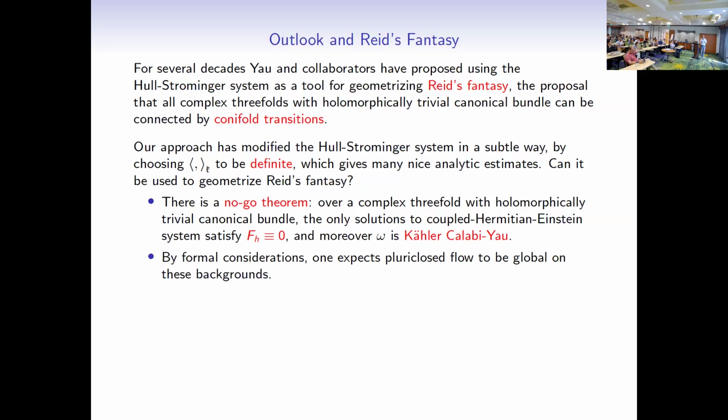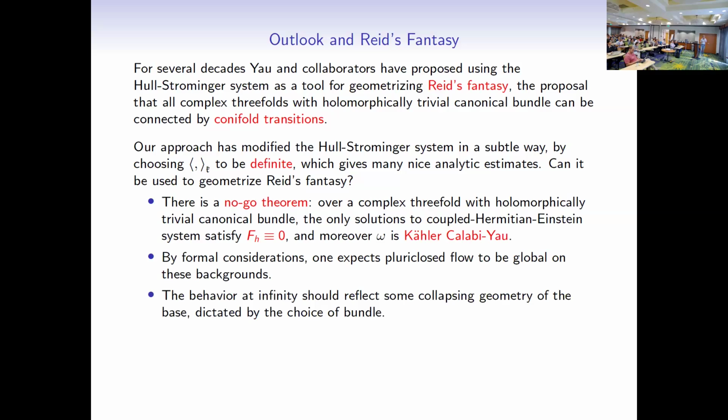By some formal considerations, you expect that this flow I defined should be global if the canonical bundle is trivial. So the behavior at infinity should reflect some maybe collapsing geometry of the base, which should be dictated by the choice of bundle. You can see that this happens in some very elementary solutions, where you can get different cycles to collapse depending on what bundle you put over your manifold.